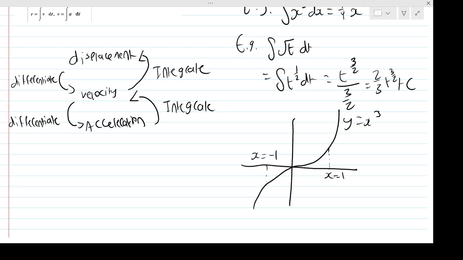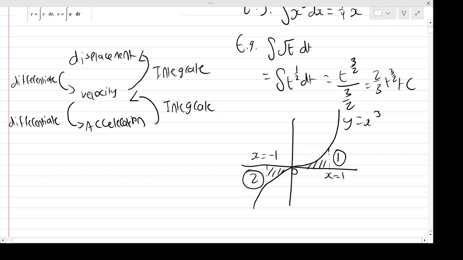Now we can use integration to find the area under curves between certain points. So let's say between the origin, let's say we have this region here. I'll call that region 1, and this region here, I'll call that region 2.